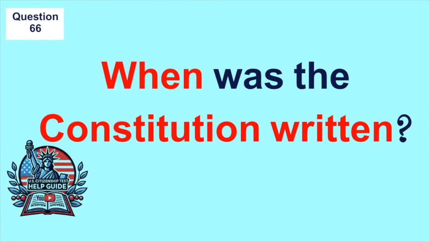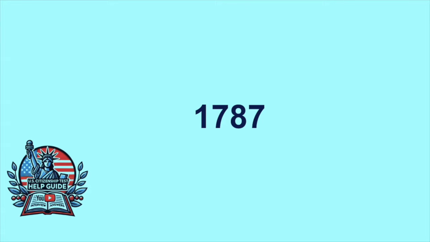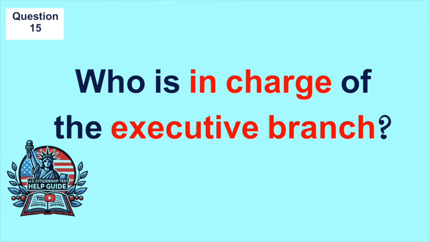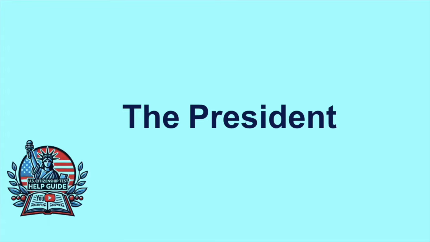When was the Constitution written? 1787. Who is in charge of the executive branch? The President.